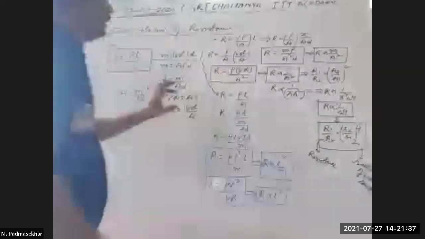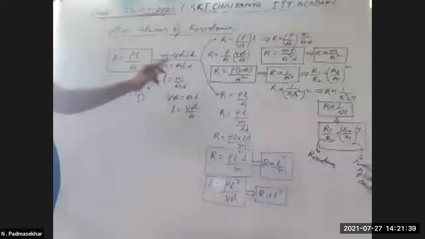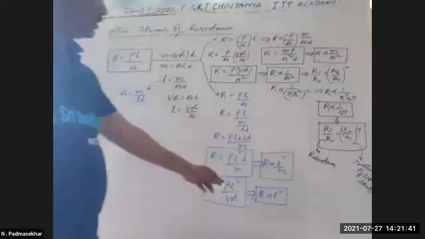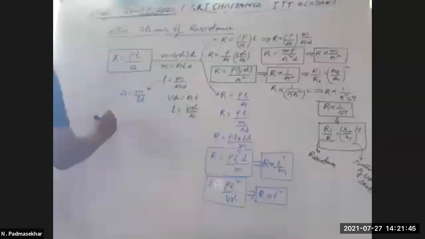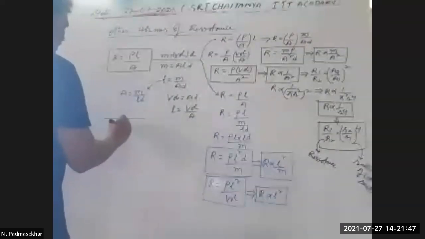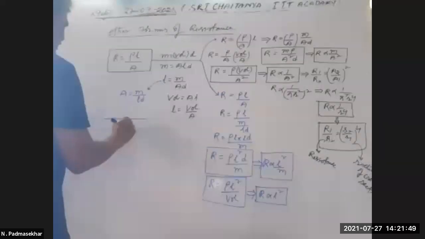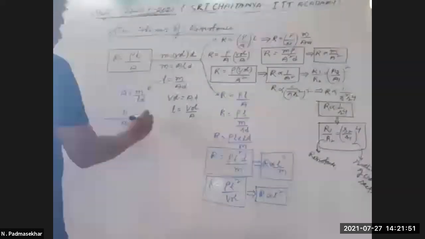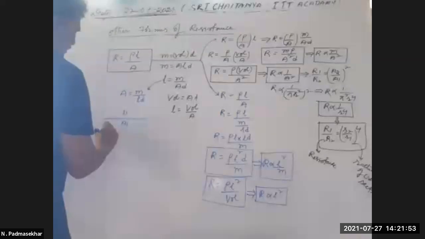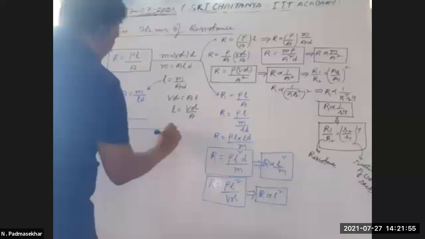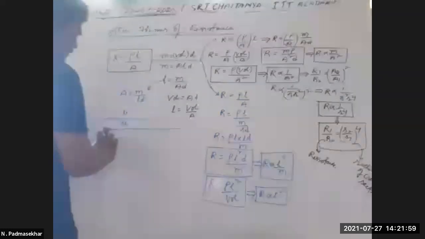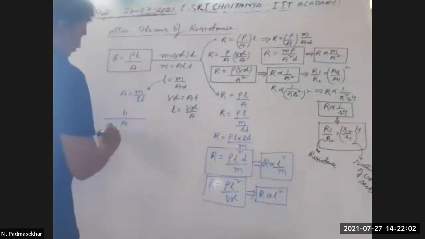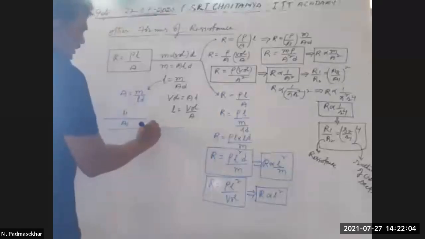ఇవన్నీ ఎప్పుడు తీసుకుంటామంటే volume remains constant ఉన్నప్పుడు. Volume remains constant ఎప్పుడు ఉంటుంది, suppose ఇక్కడ ఒక వైర్ ఉందిరా. దీని area of the cross section A1, length L1. దీన్ని stretch చేస్తే length పెరుగుతుంది, area of the cross section తగ్గుతుంది.